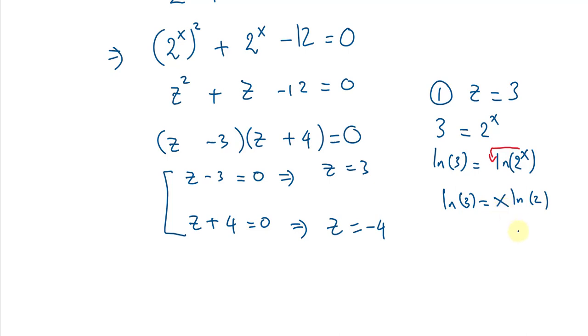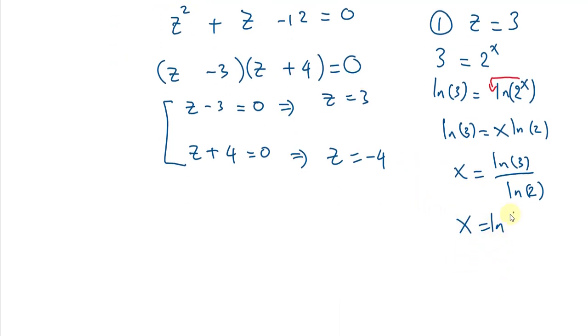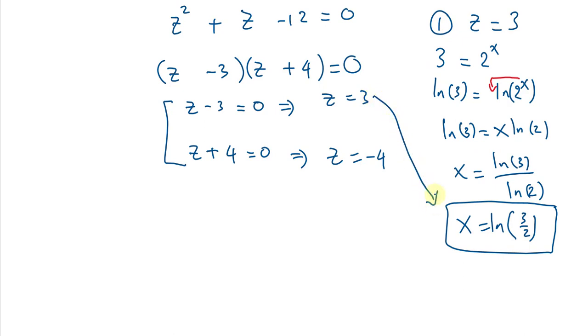To solve for x, divide both sides by ln of 2. So x equals ln 3 divided by ln 2. This is the x value for the case when z equals 3.